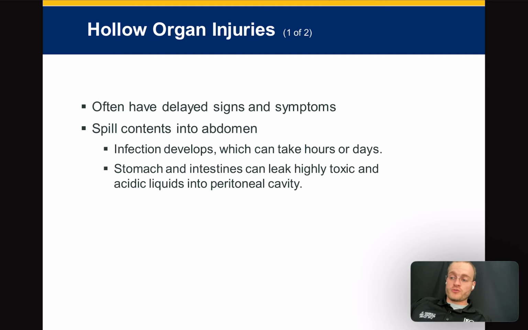That's going to cause a huge problem and lots of pain. Or imagine the stomach acid in your half-eaten beer and Taco Bell leaking into your abdomen. That's a problem. It's going to create severe pain. And so these are the issues that you'll run into, that these stomach and intestine contents can be highly toxic and acidic into the peritoneal cavity. So of course you're going to get peritonitis along with infection and all these other issues, okay? And so infection becomes a real issue when you rupture a hollow organ.